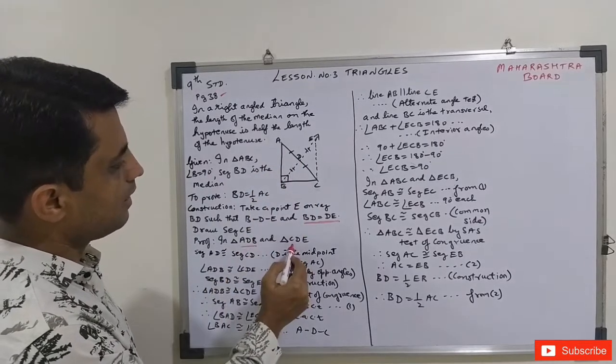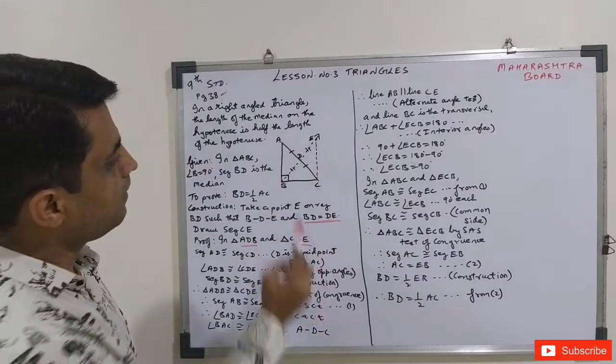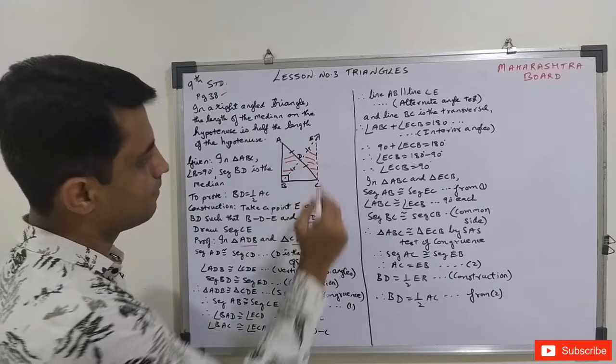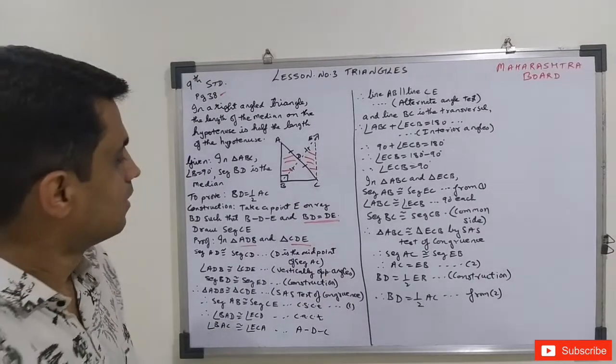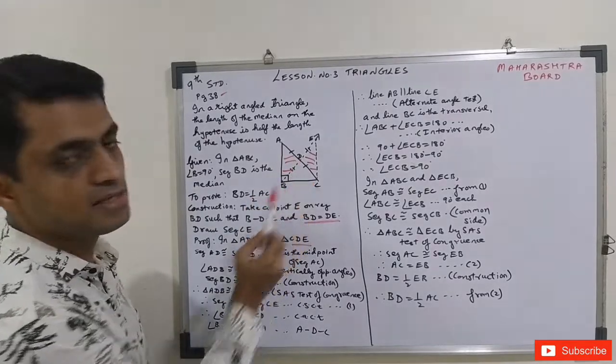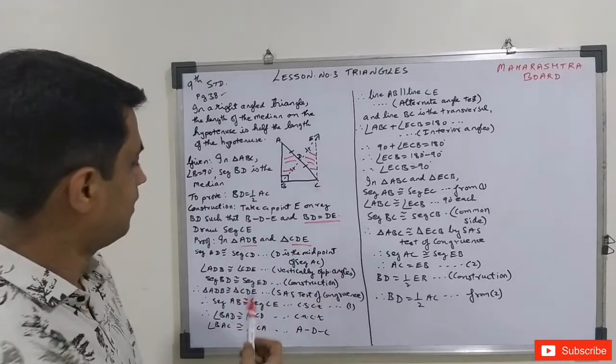Now, let us take triangle ADB and triangle CDE. These two triangles. In these, AD is equal to DC, given, since D is a midpoint.